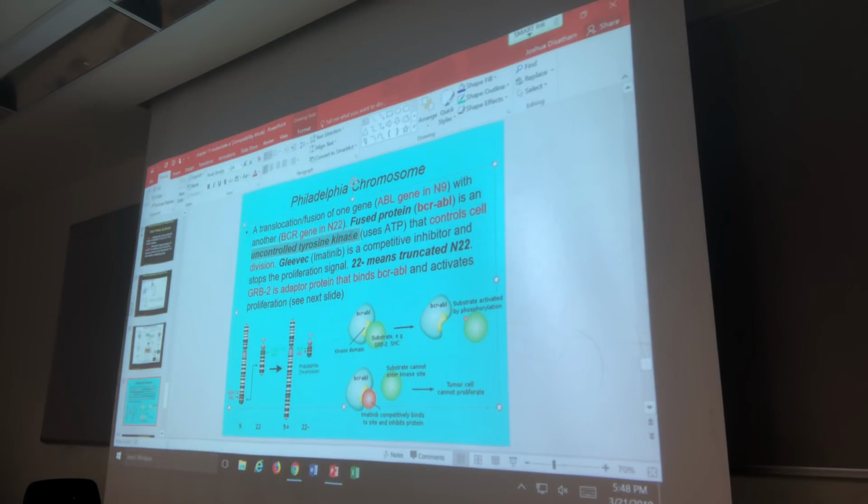This is the main feature of the Philadelphia chromosome. It creates an uncontrolled tyrosine kinase. So when you see the word kinase, you know that this enzyme is going to go do what? Phosphorylate something, right? That's bad, especially because it's uncontrolled. That's the bad part. This enzyme's going to go along and phosphorylate everything it possibly can.